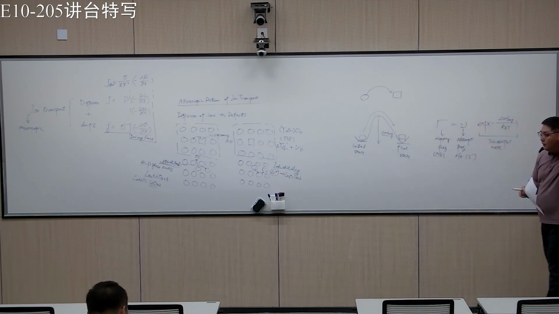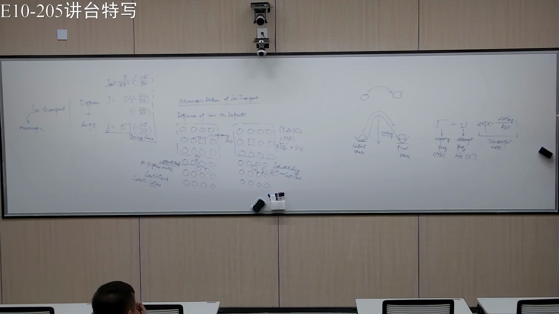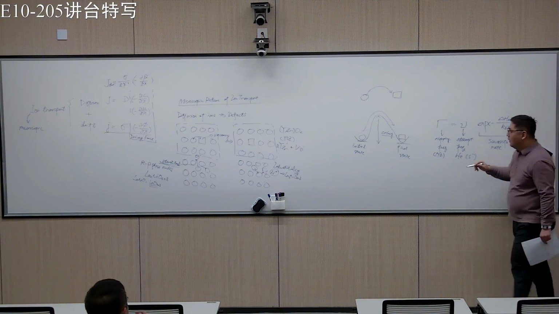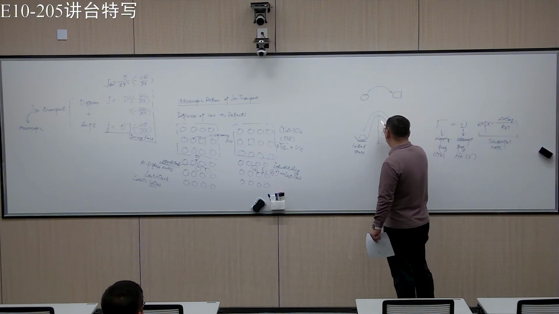Okay. So you can see that the higher the delta H is, the smaller the success rate. Any questions? No. 帮我解释一下那个 delta H 这个它是指的？ So the delta H is basically from the highest point, right?